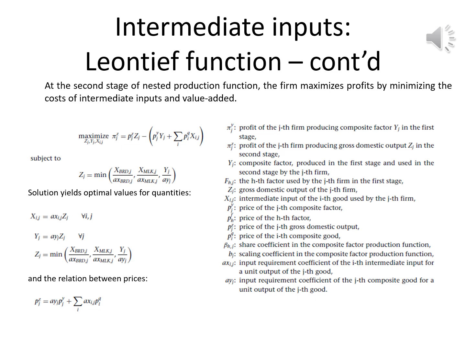Because we have only two sectors, bread and milk, we have total intermediate inputs used in bread, total intermediate inputs used in milk, and we also have the value added. So here we have the Leontief production function in the second line. That is our constraint.